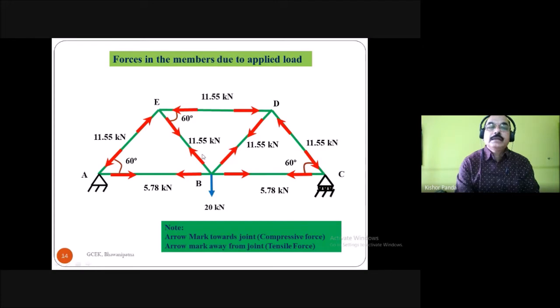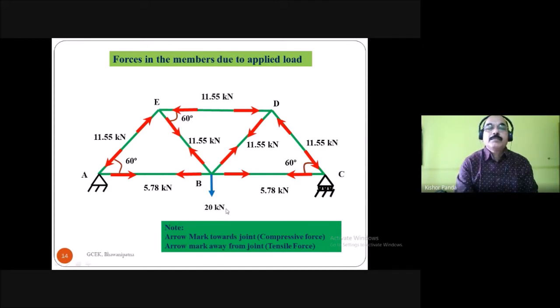Similarly, in EB member, the force is tensile nature 11.55 kilonewton, and in BD member also the force is 11.55 kilonewton, and the nature of the force is also tensile. So these are the forces in all the members of the truss. For complete truss, these are the forces in the member due to applied loading.